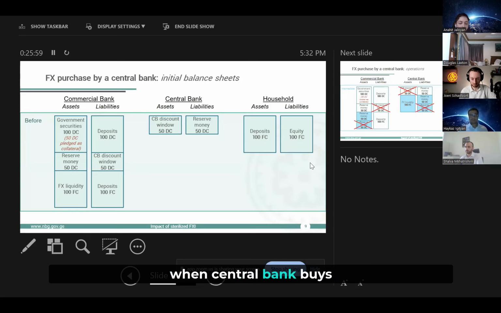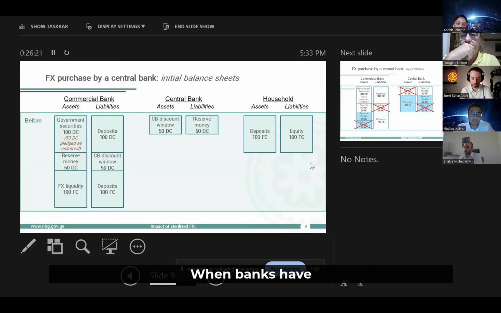Eventually, when the central bank buys FX from banks, then banks have to buy it from someone else, because banks cannot sell FX to the central bank without acquiring this FX either in advance or later from someone else, because this will open the commercial bank's FX position.